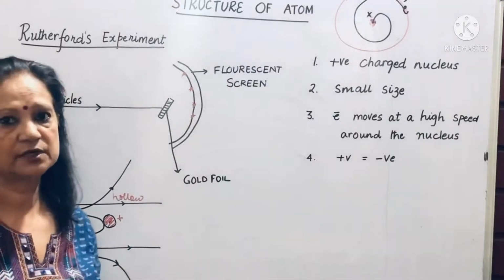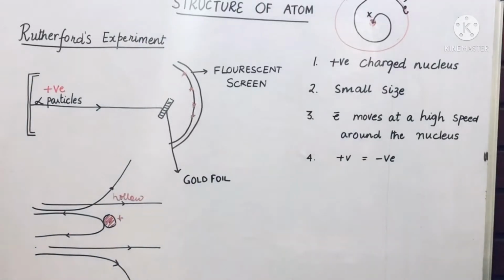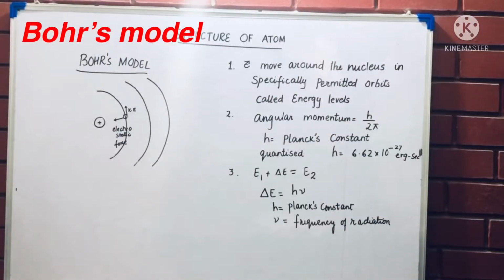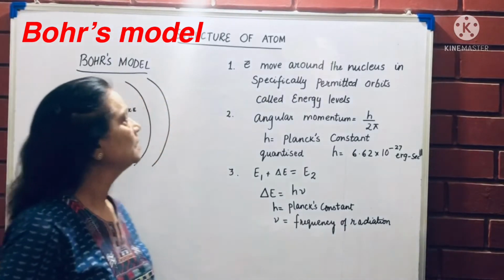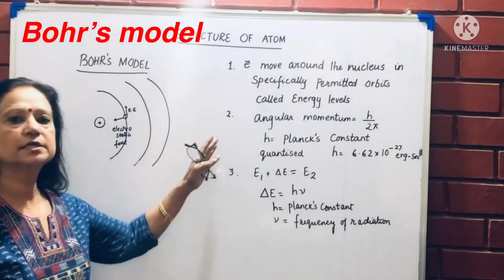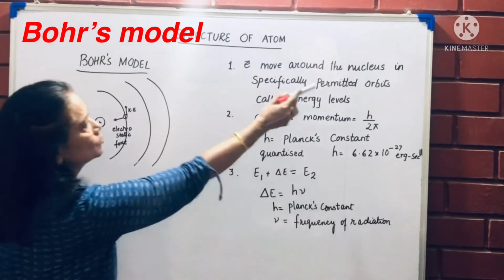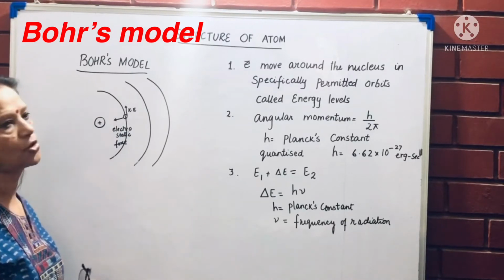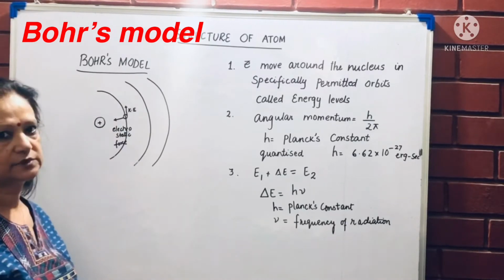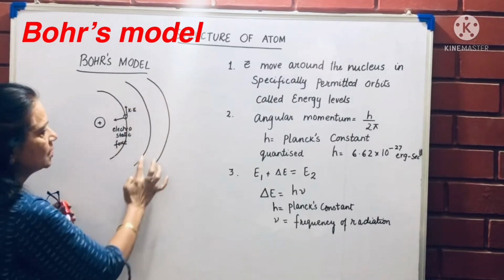The next experiment was done by Bohr. The next scientist, Bohr, came up with a better model, which said that the electrons move around the nucleus in specifically permitted orbits called energy levels. That means the electron is moving in a particular orbit.